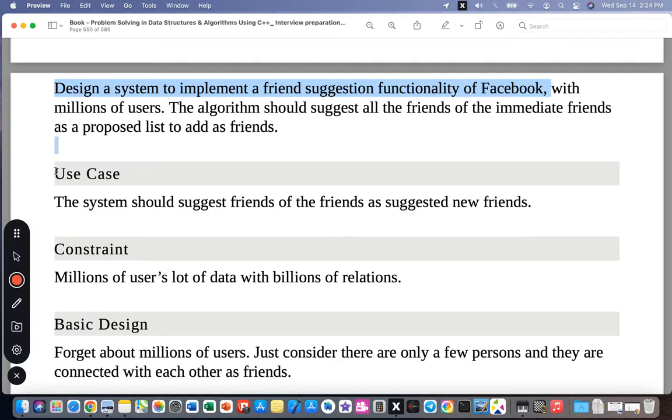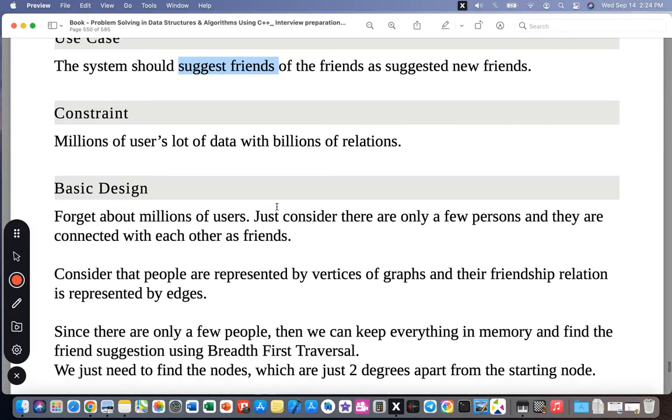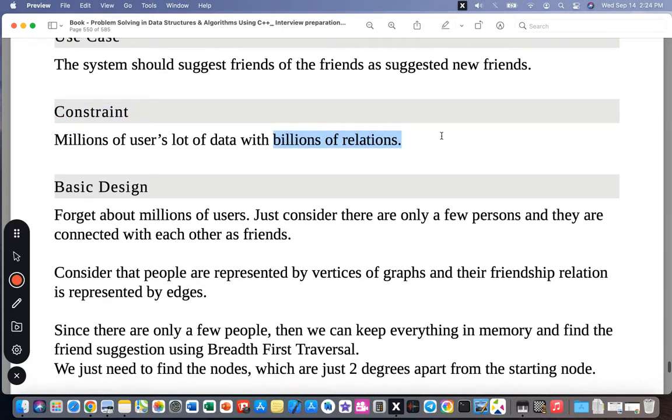So let's go through the 5 stages again. The use case: the system should suggest friends of the friend as suggested new friends. So suggest friends to the user, right? The second thing, constraints: millions of users, lots of data with billions of relationships.